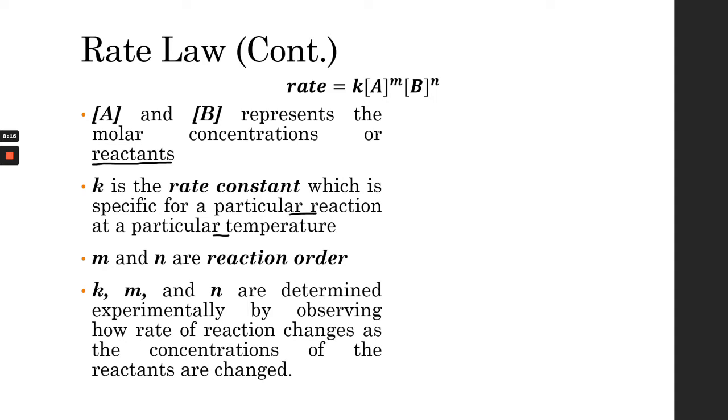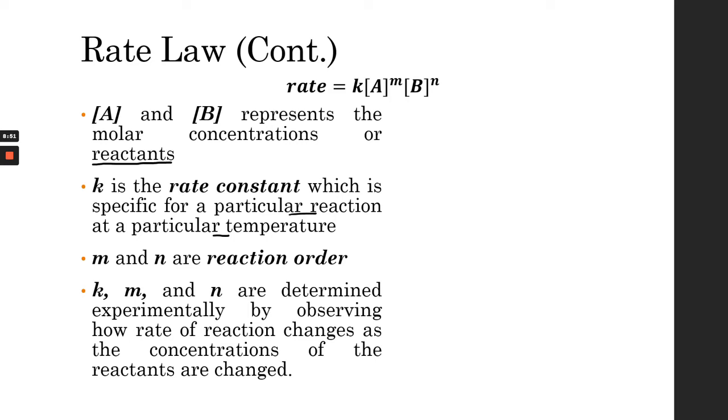In 7.3, we will be discussing more about what reaction order is. But for now, this is basically an integer that you use to raise the value of the concentration of your reactant. So if you have a molar concentration of 6 raised to a certain value, multiplied by K, you can get the rate of the reaction.